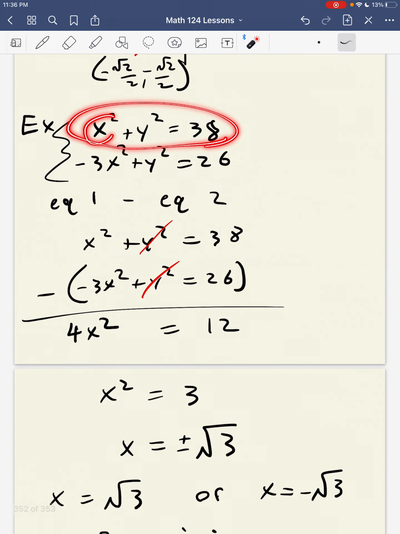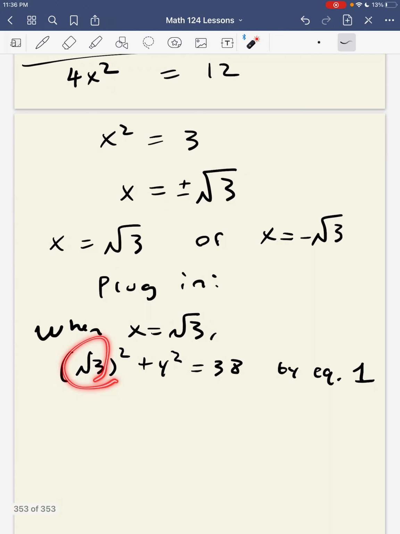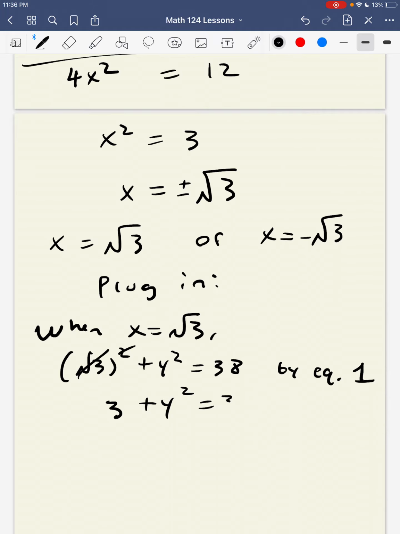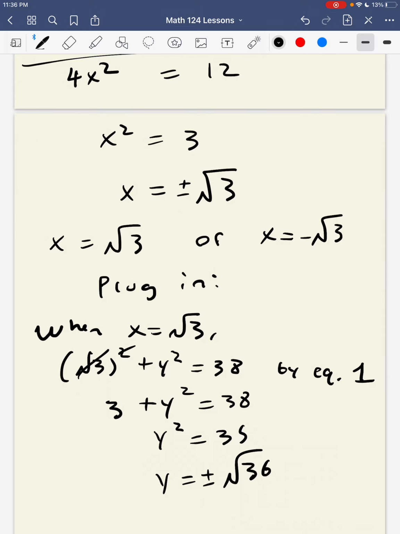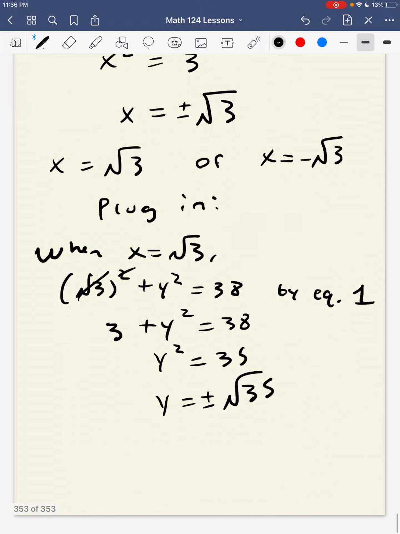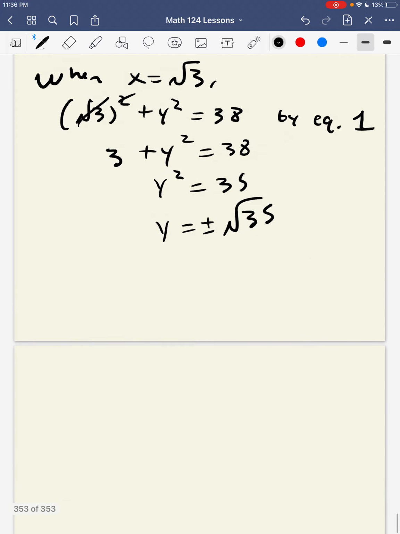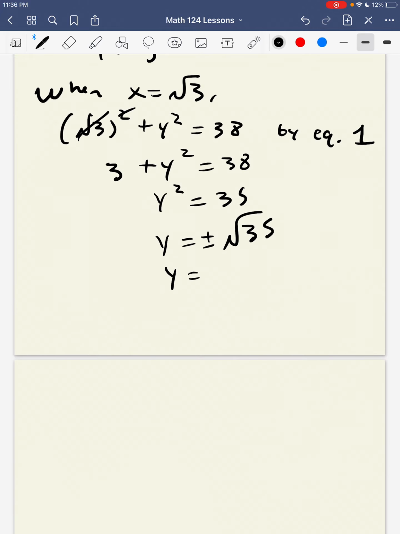I'm just plugging in for x. So the square root cancels, we get 3 plus y squared equals 38, y squared equals 35, y equals plus or minus square root 35. So we got two solutions for y corresponding to that one x.